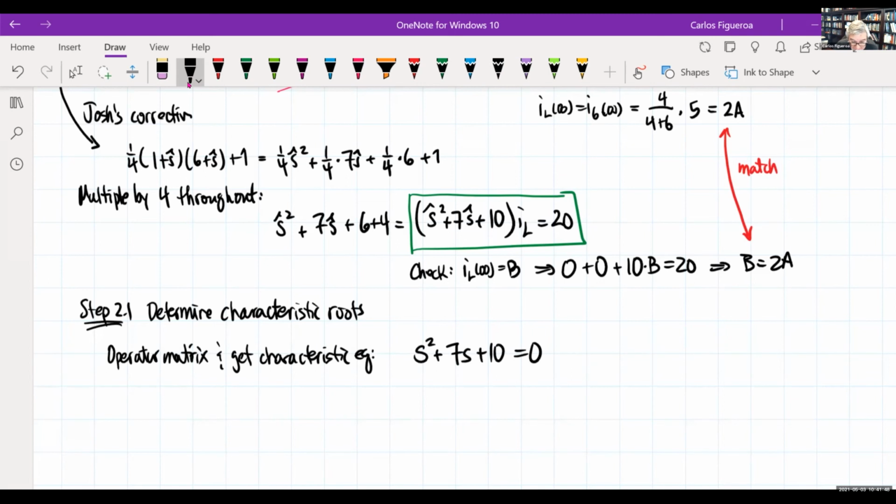Again, can I pick this thing off? I can't pick it off, so I typically do this guy right here, unless it's real obvious. So this tells me that 2 alpha must be 7 and omega naught squared must be 10. So alpha is 3.5.